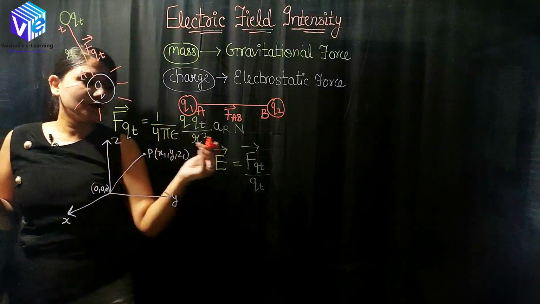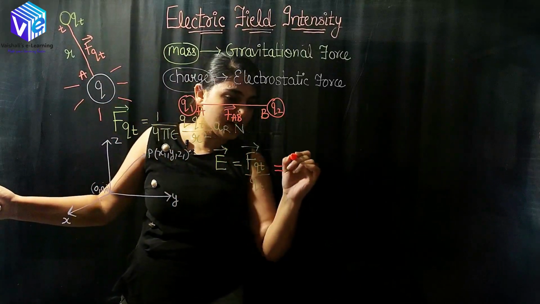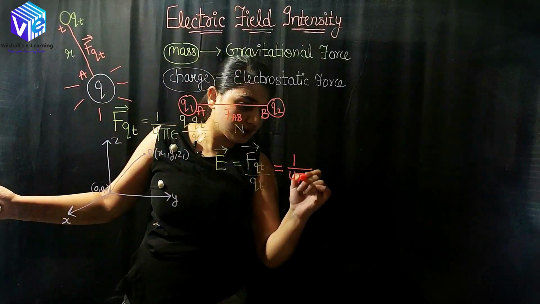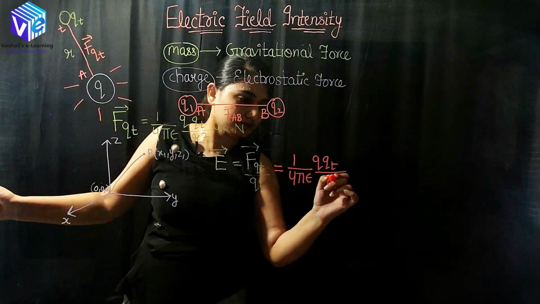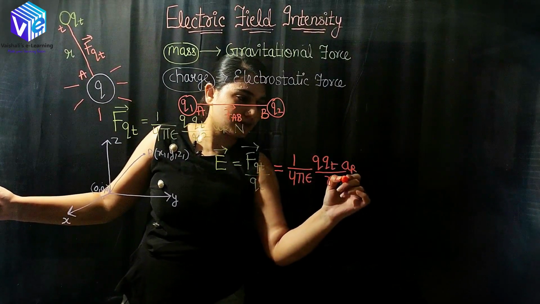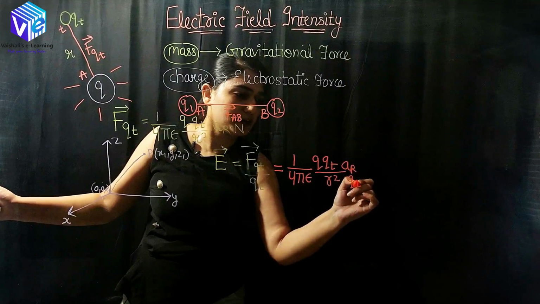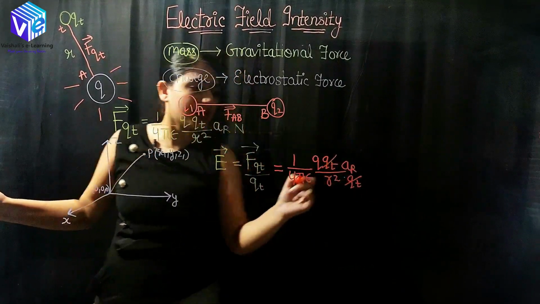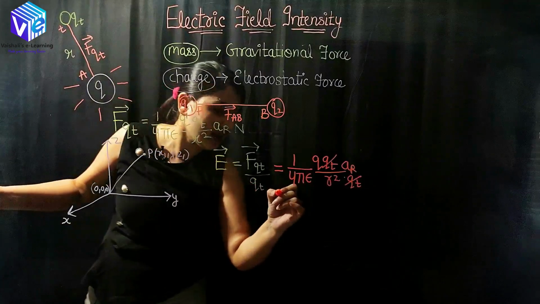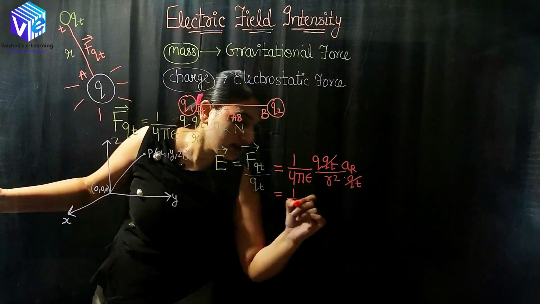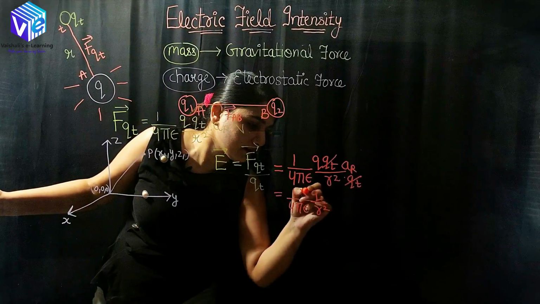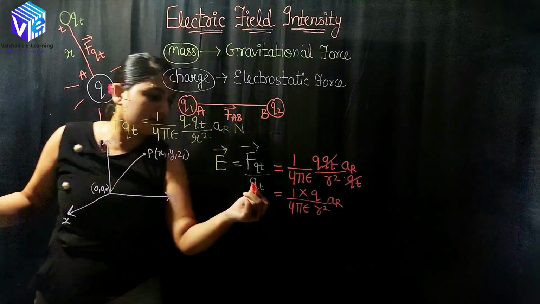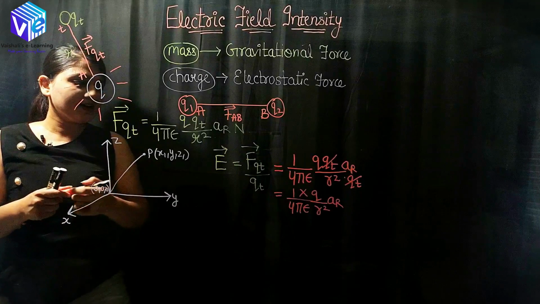So what is FQT? I will just put the value of FQT and divide it by QT. This QT and this QT will cancel out, and so this is my electric field intensity.